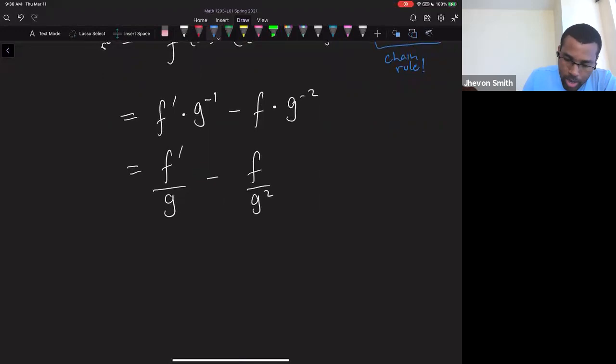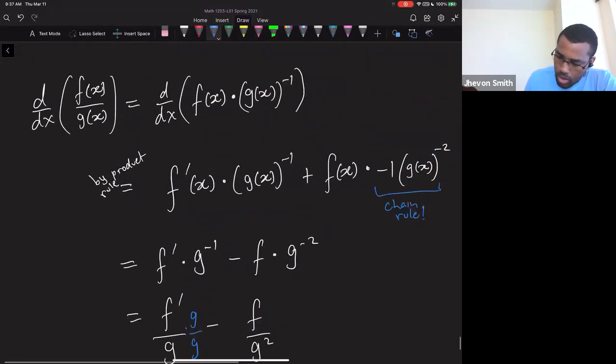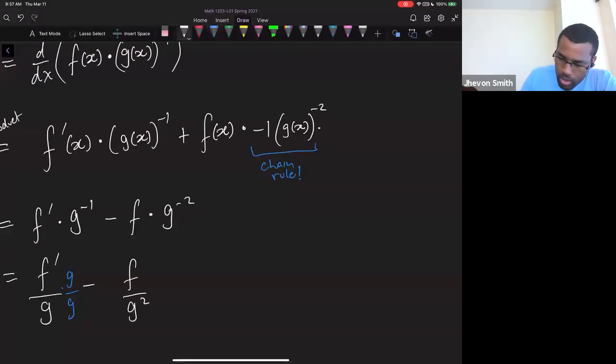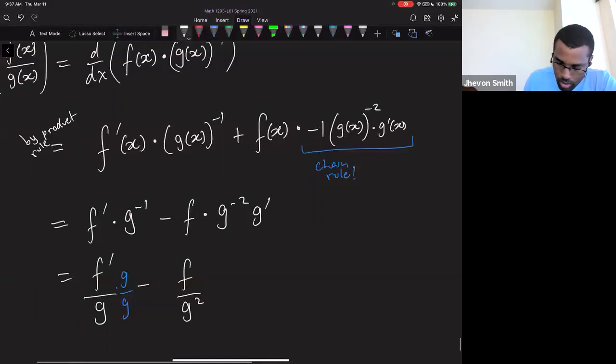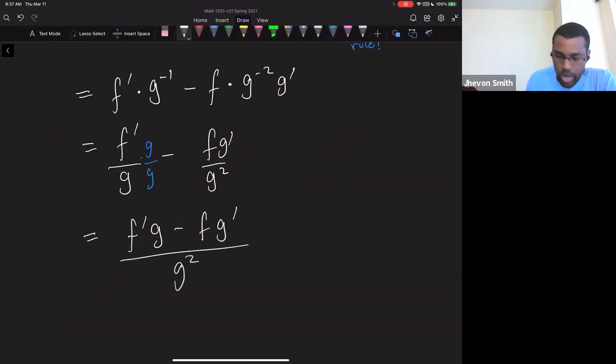I can create a common denominator. Sorry, I was missing the g prime, I ran out of screen space. So now we get f prime g minus f g prime over g squared.